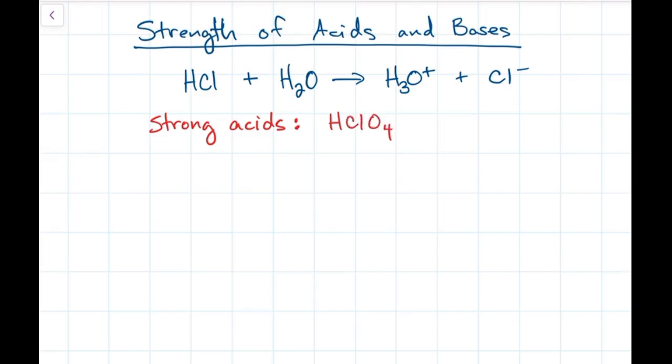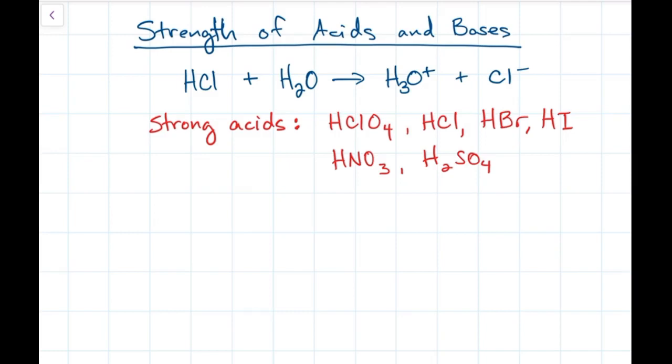But they are HClO4, perchloric acid, HCl, hydrochloric, HBr, hydrobromic, HI, hydroiodic, and then we have nitric, and finally sulfuric. And you know how to write the ionization equations for acids, and so you should be able to write the ionization equations for those 6.